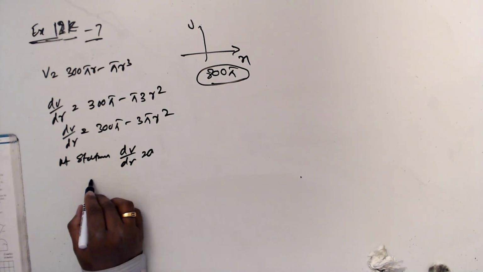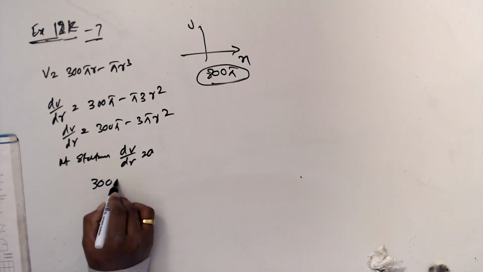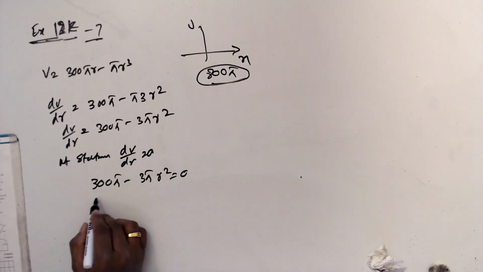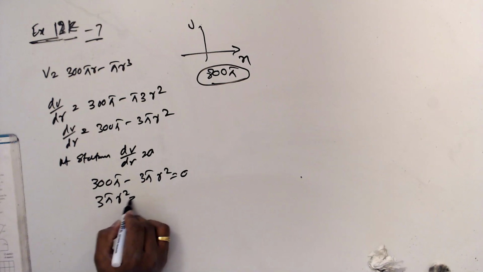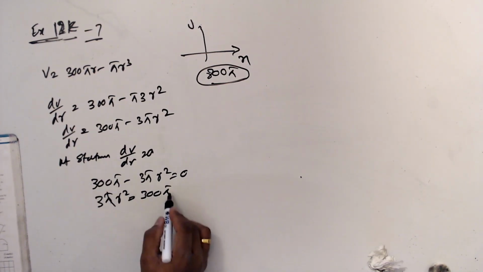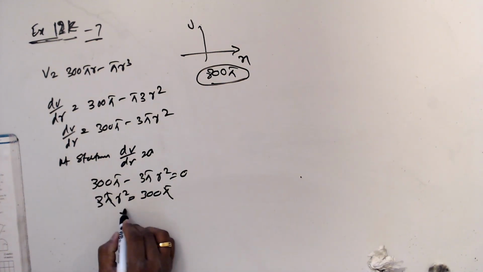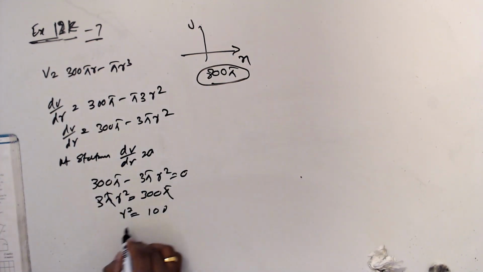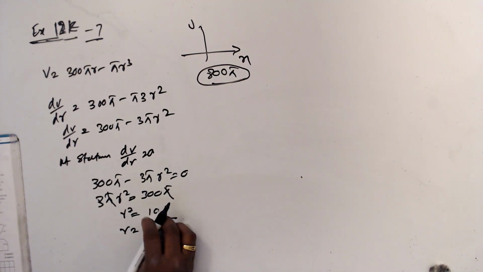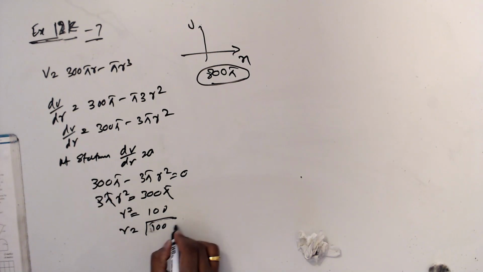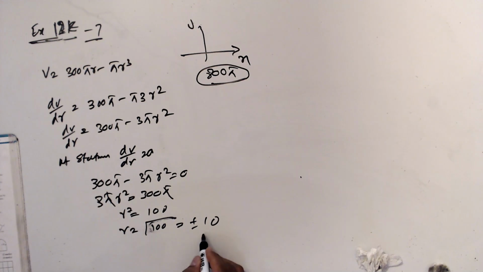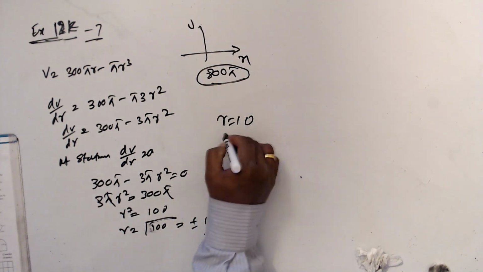So 300 pi minus 3 pi r squared equals 0. 3 pi r squared equals 300 pi. So pi cancels out, and 3r squared equals 100... r equals the square root of 100, plus or minus 10. But the radius can't be negative, because of that r equals 10.